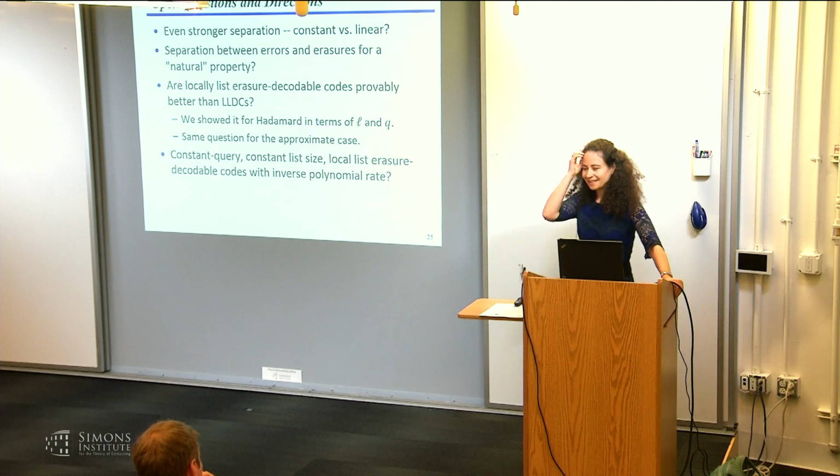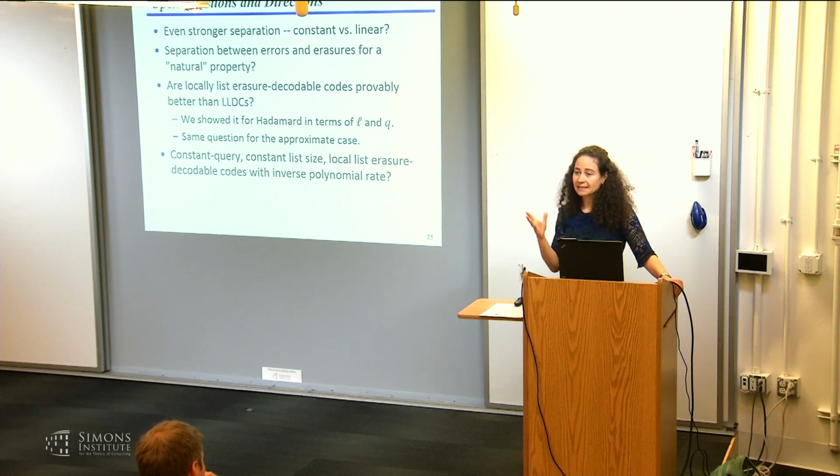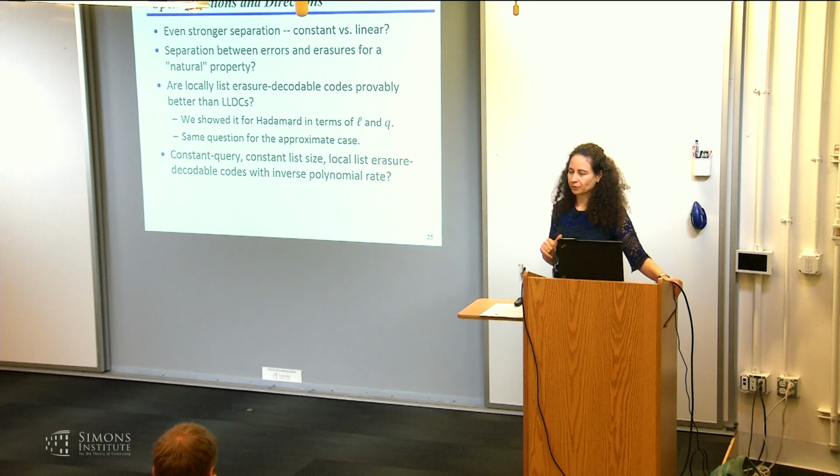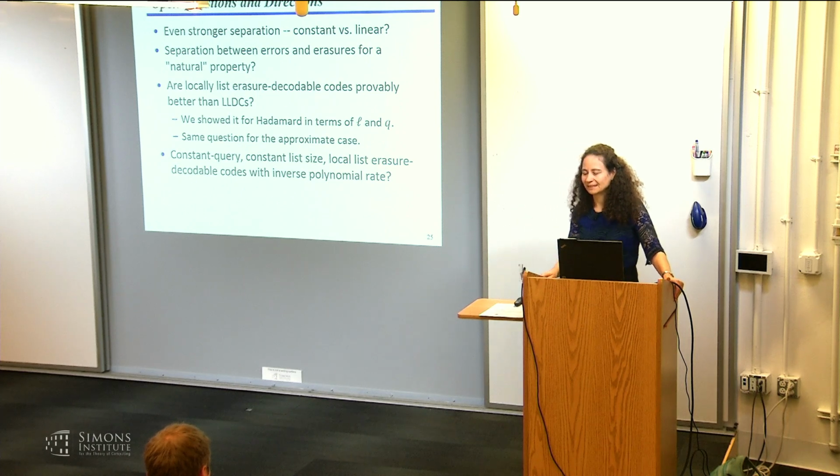I'm not sure. I guess you can ask similar questions for other models. We did it for property testing, but you can take your favorite model of computation and ask, is it easier to deal with erasures than with arbitrary errors? I cannot answer this off the top of my head, but maybe it's easier to separate.